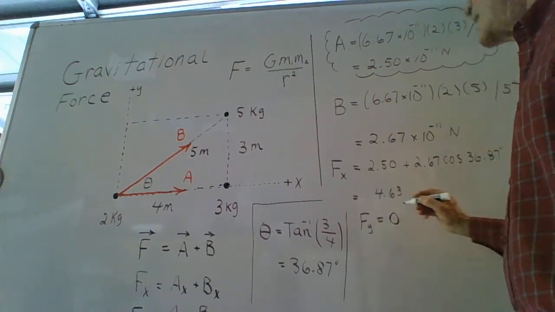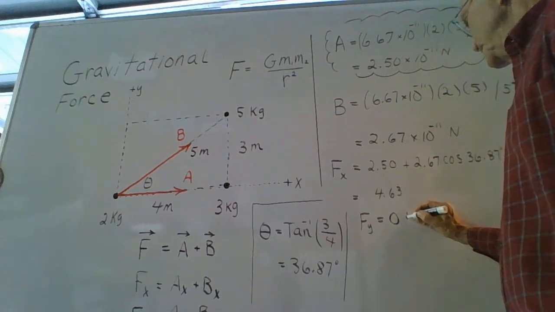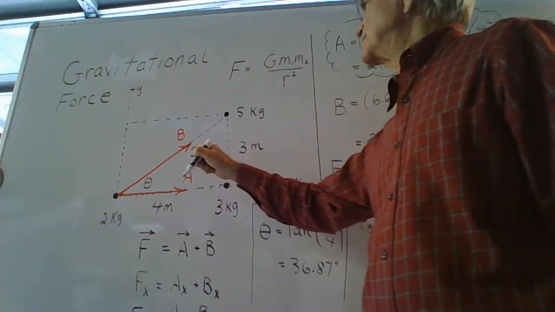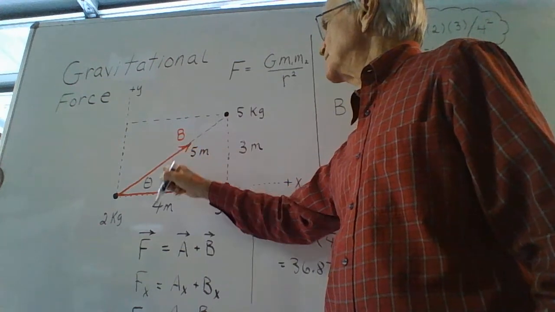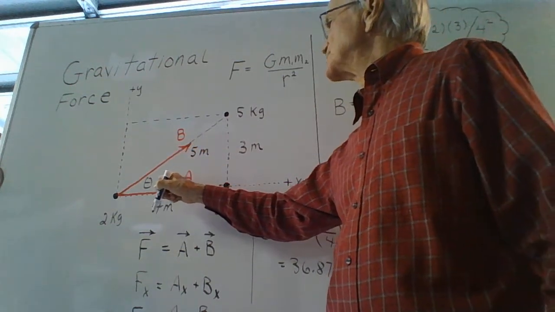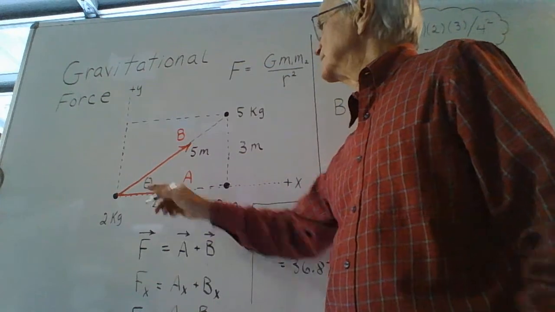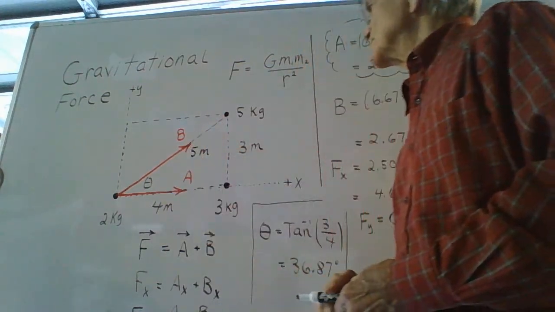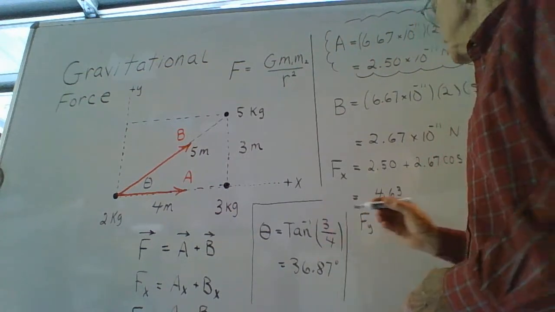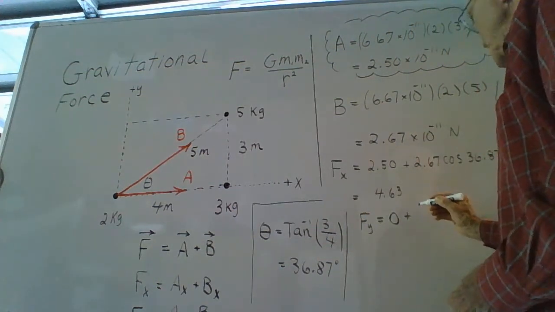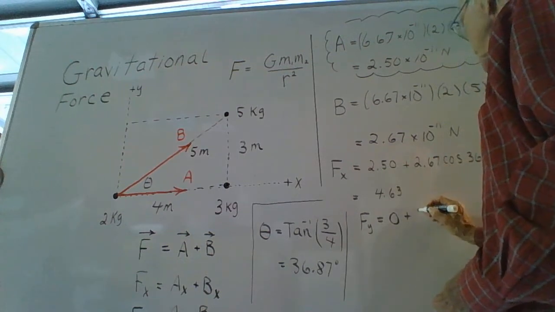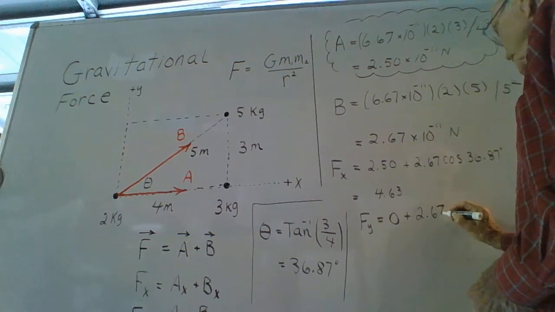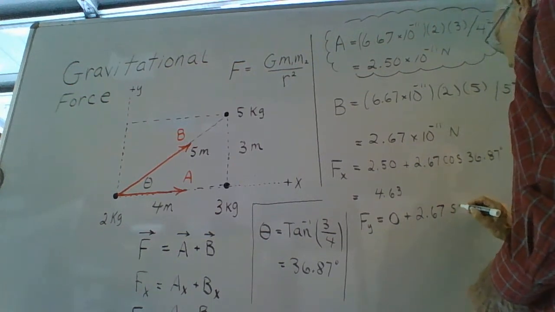And then we have the y component of B. The y component of B is the length of the B vector times the sine of theta. So it's B times the sine of theta, but B, remember, is 2.67. And here's your sine term.